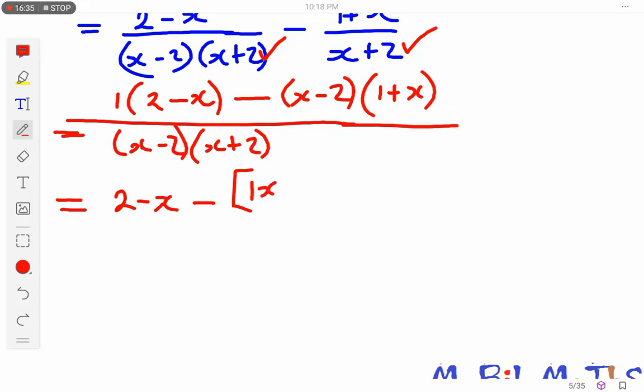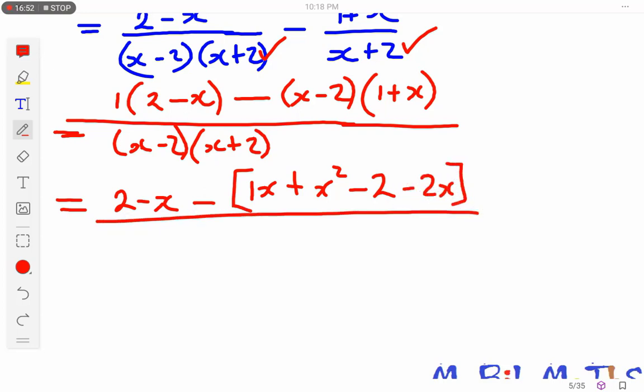X times x, that's plus x squared there. Then we have minus 2 by 1, that's a minus 2 there. Minus 2 by x, that's a minus 2x like this. So this is all over x minus 2 and x plus 2.